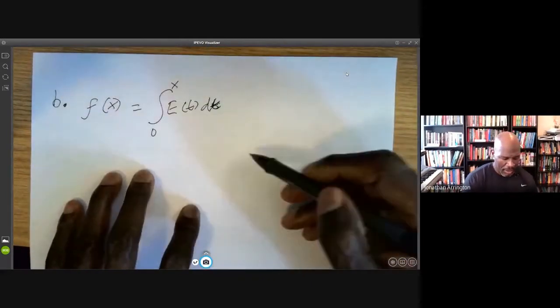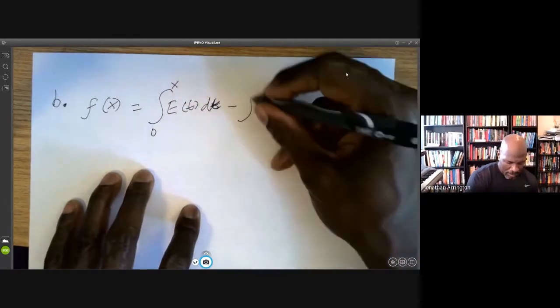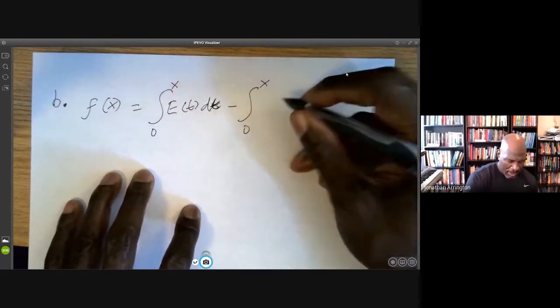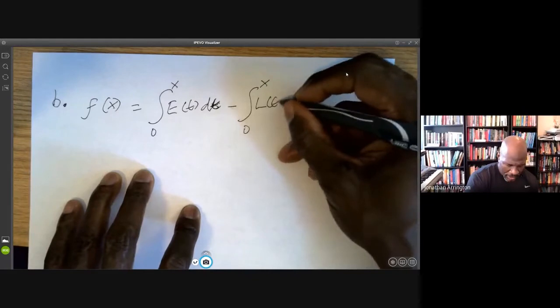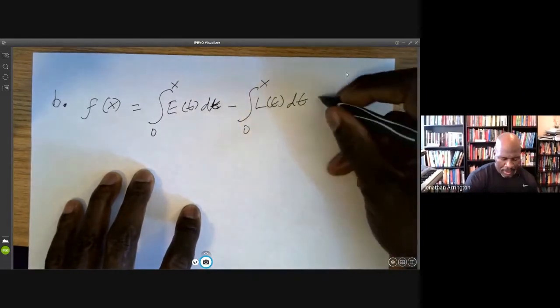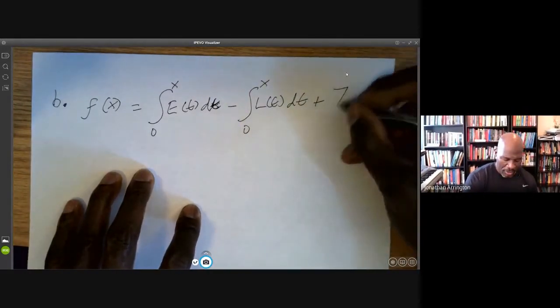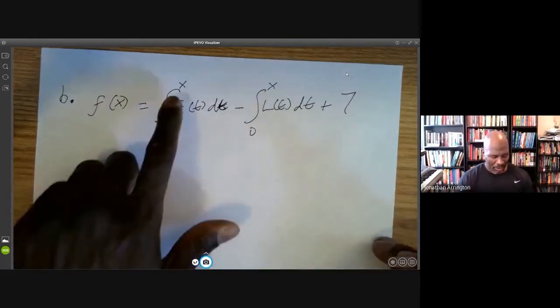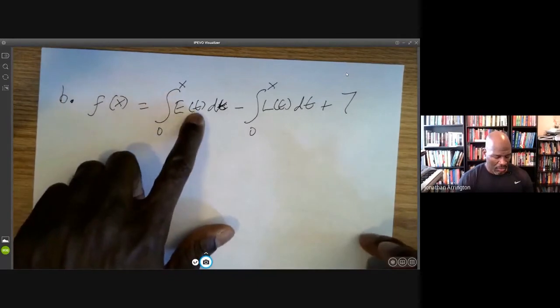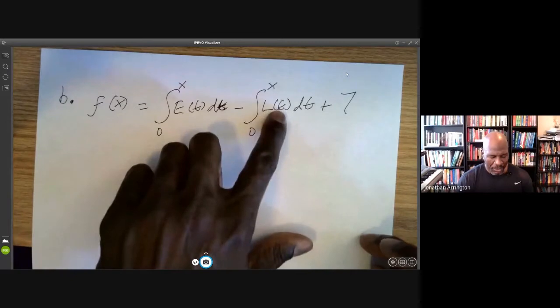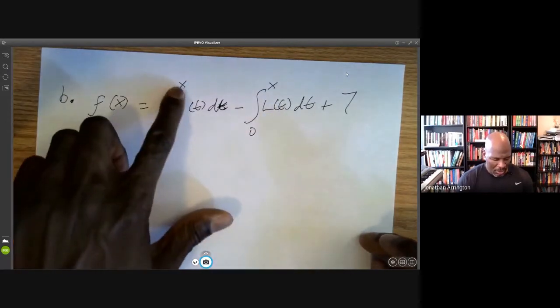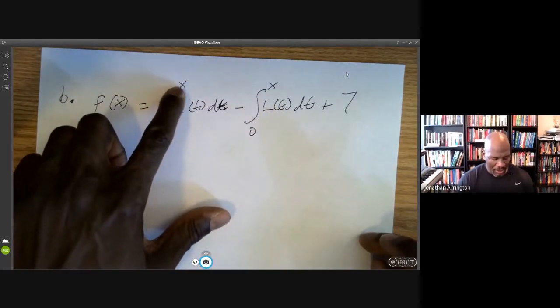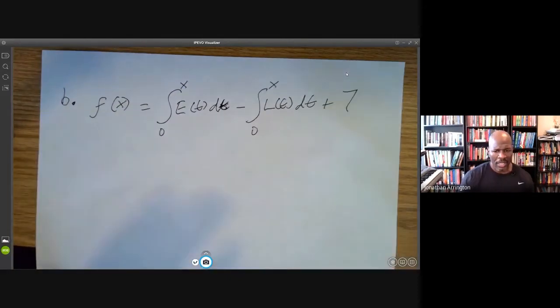This is a function of x, minus the integral from 0 to x of L of t dt, and then plus the initial value, which I believe was 7. So this is a function of x. This variable should be different from this particular variable, as you see here. So you don't want this to be a t up here. You want it to be different from this variable. So that's the basic expression that they want.